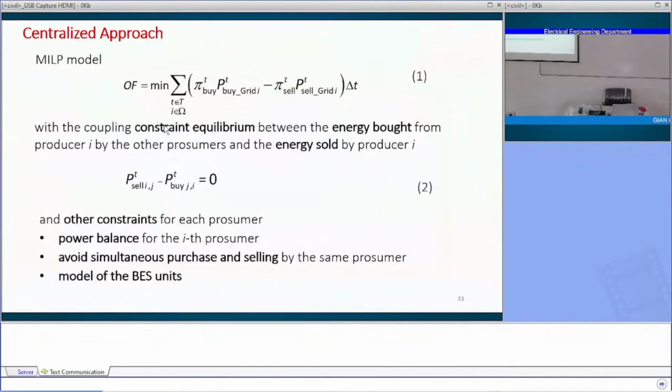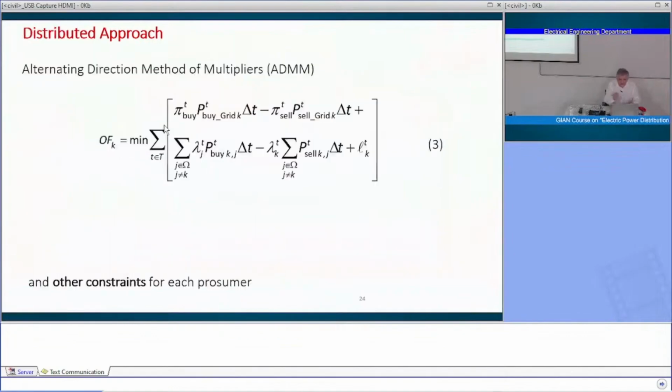So you said before that it was global, this is specific of ij. There are also other constraints for power balance, avoid simultaneous purchase and selling by the same prosumers, and model of the battery energy storage. I will go into the details, but before that I would like to show to you the version that is distributed.